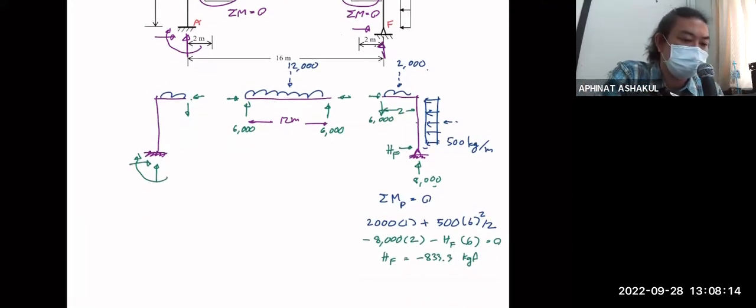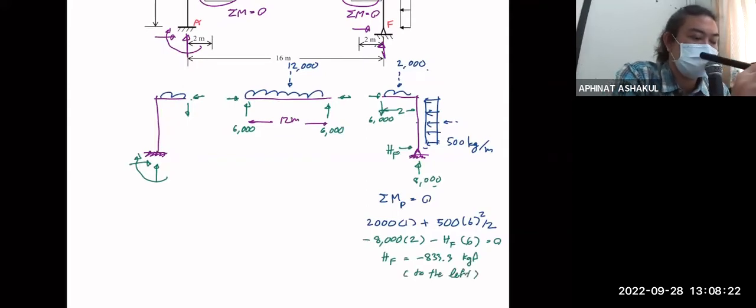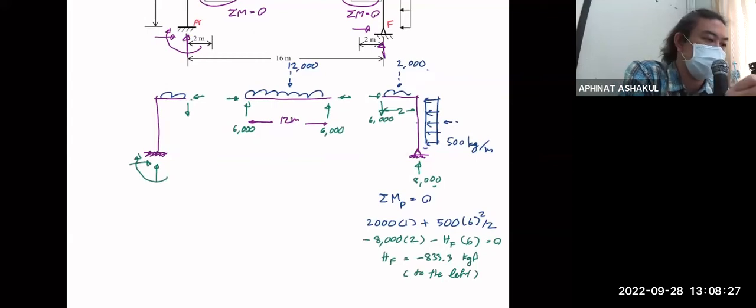So, to the left. I'm going to change this a little bit so that you have a proper free body diagram. It's 833.3.